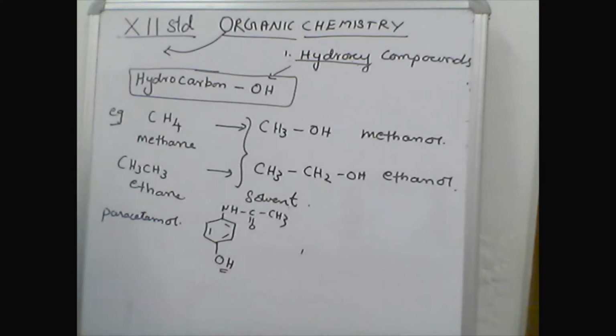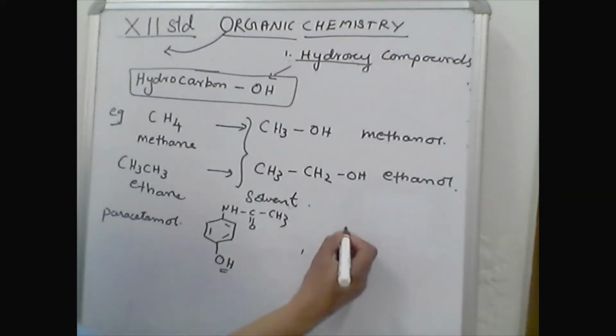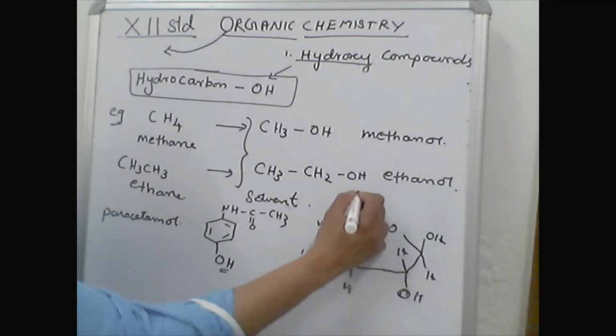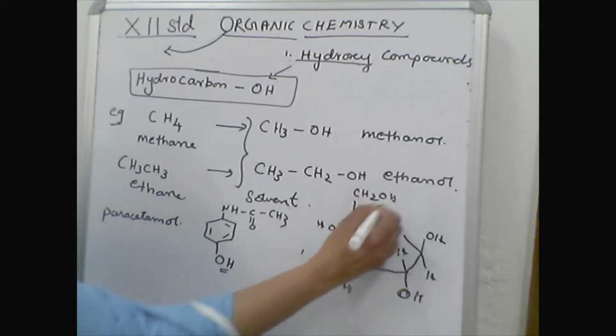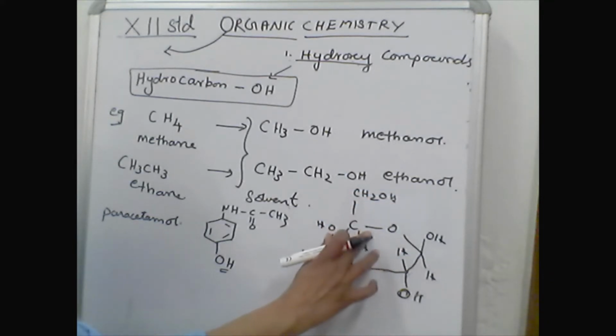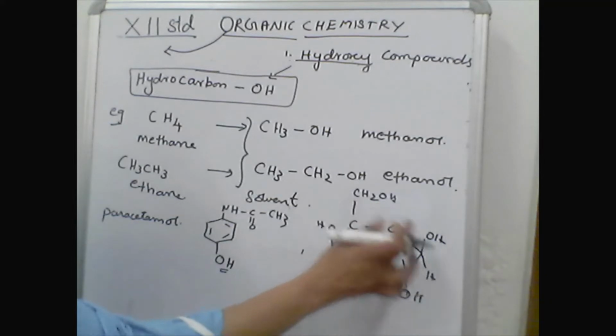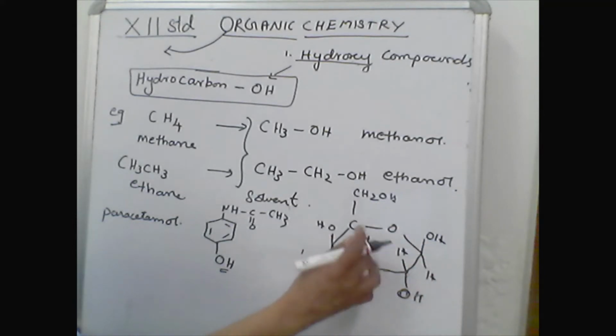Another famous example is all sugar based compounds, which contain many hydroxy groups. For example, this is the structure of glucose. See how many hydroxy groups there are: 1, 2, 3, 4, 5 hydroxy groups.